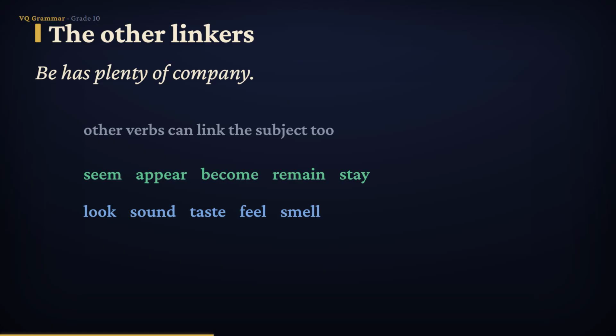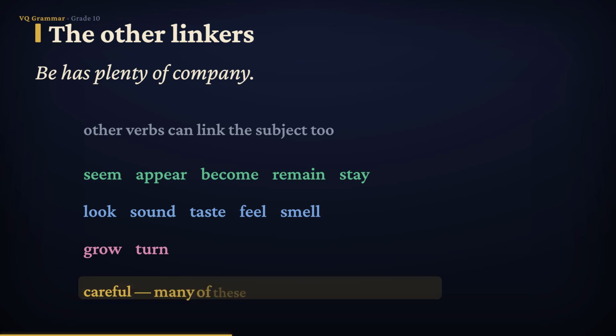And two more carry the idea of change, grow and turn. When one of these verbs sits between a subject and a word that renames or describes that subject, it is linking. But here is the catch, and honestly, it is the heart of this whole lesson. Many of these verbs can also be action verbs. It all depends on how the sentence puts them to work.